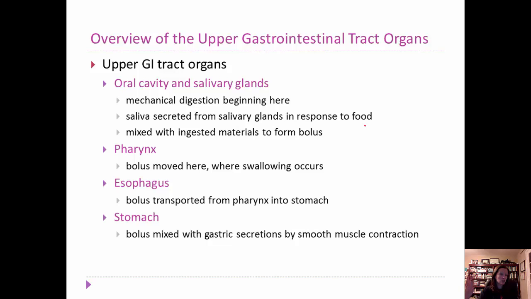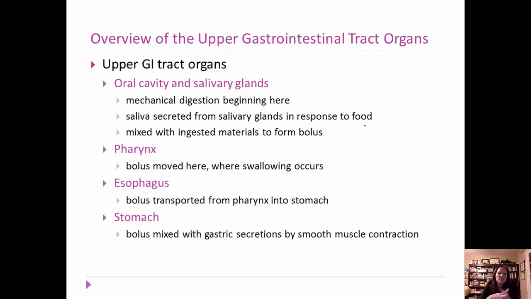So I introduced bolus in the last section. I didn't really introduce it, I just said the word, and I said we'd talk about it later. A bolus of food is where we break down the food, and we pack all of that food that we just broke down together in a nice little ball of food before we put it down our pharynx to our esophagus.